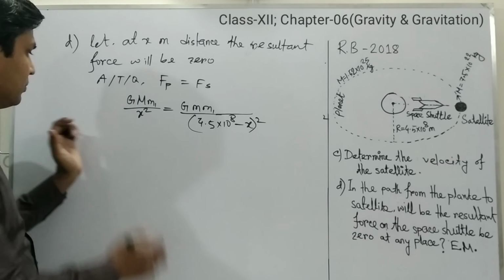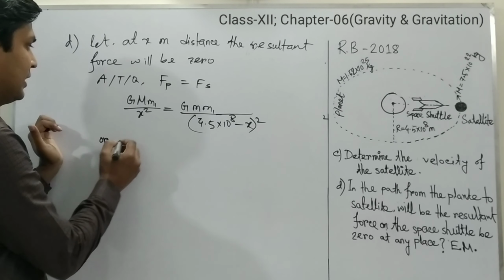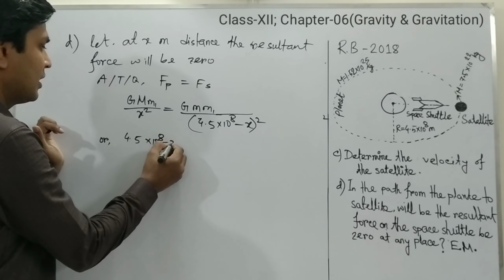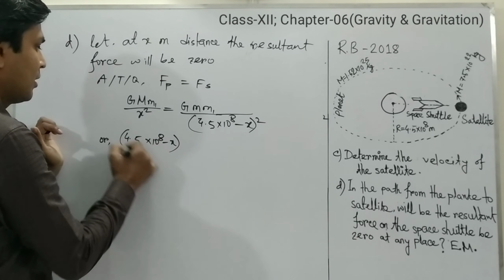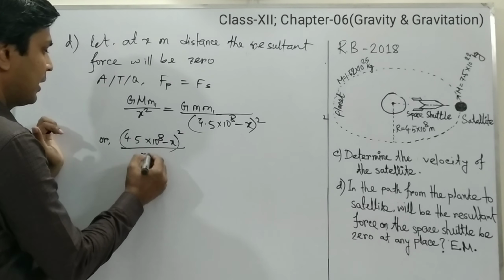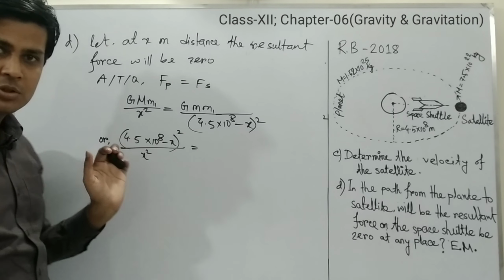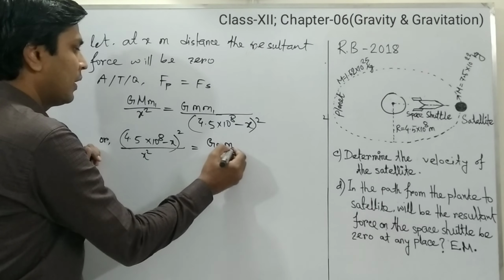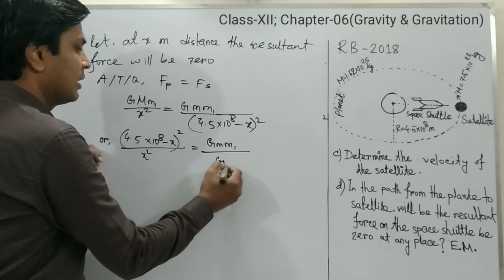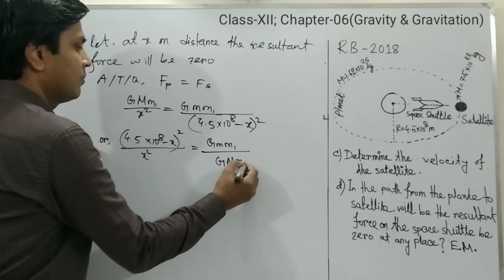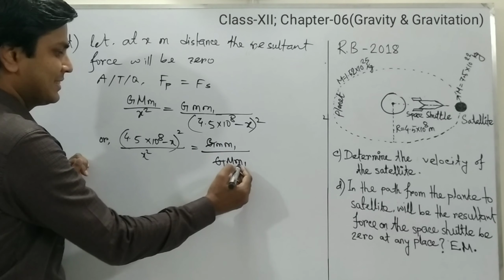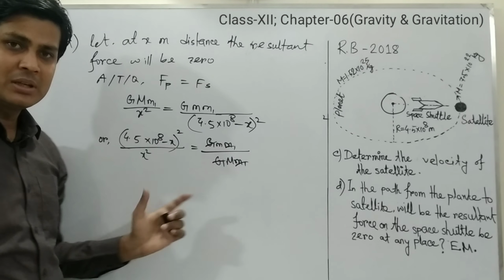Now if we change the position, then we can write (4.5 into 10 to the power 8 minus x) whole square divided by x square equal to G m M1 divided by G M M1. G and G are cancelled out, M1 and M1 cancel out.